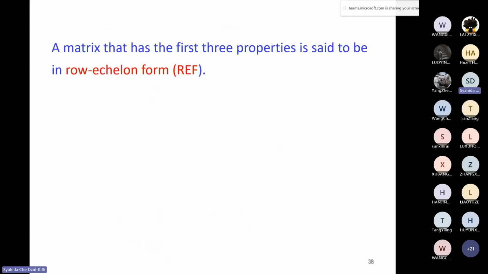If the matrix satisfies only the first 3 conditions, then the matrix is in REF.